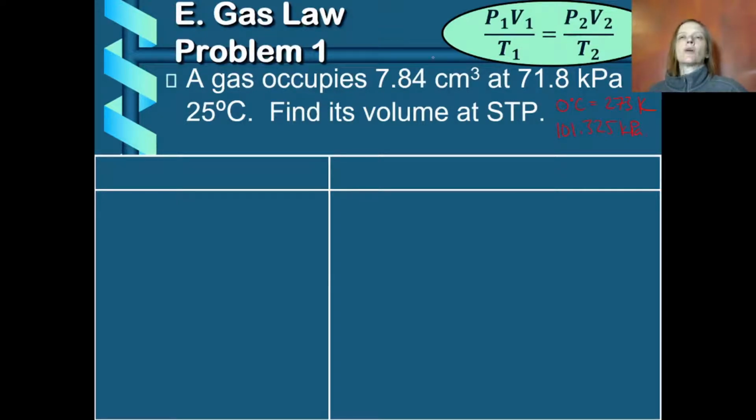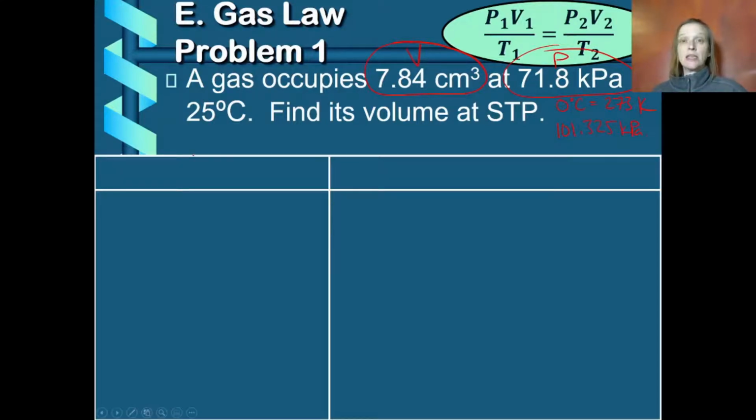So I like to always label my variables given to me in the problem. Cubic centimeters is a measure of volume, how much space something takes up. Kilopascals is a measure of pressure, and 25 degrees Celsius is a measure of temperature.